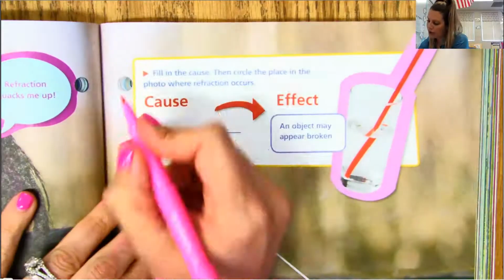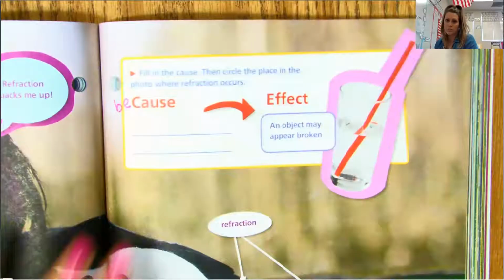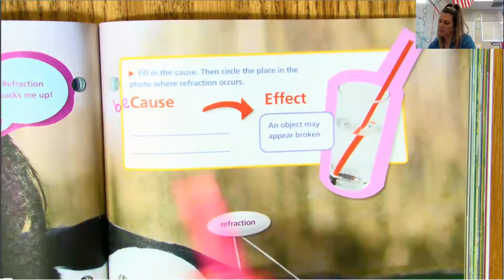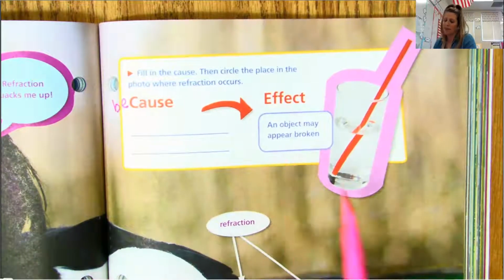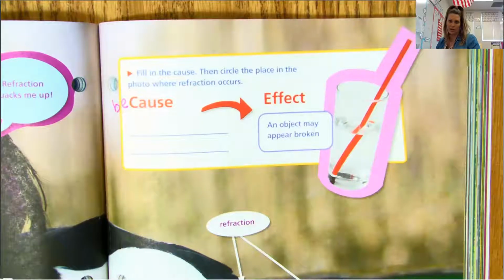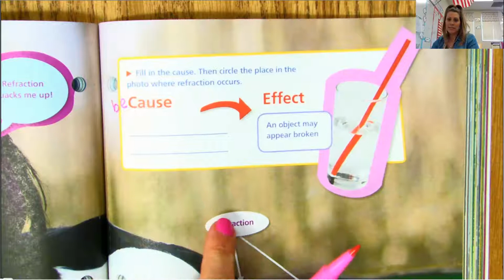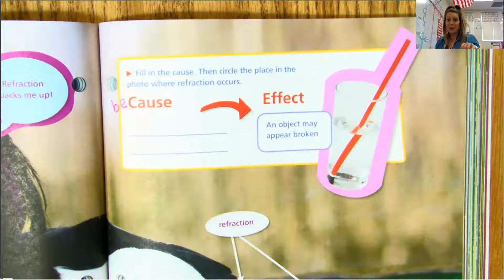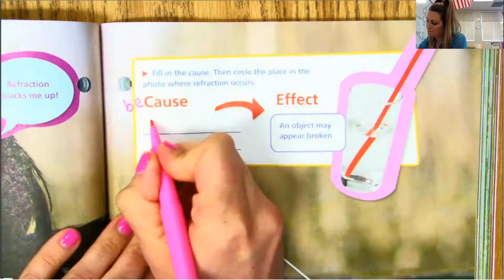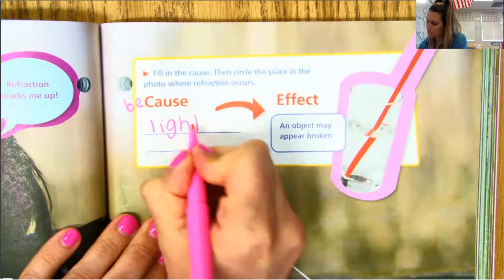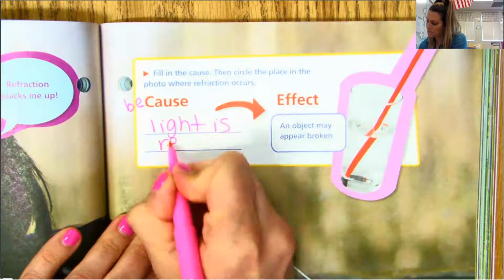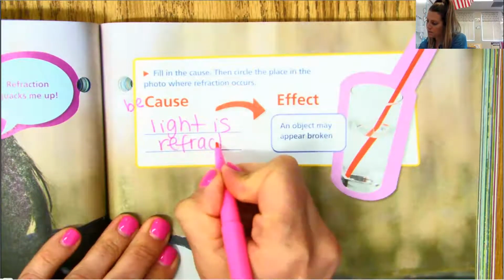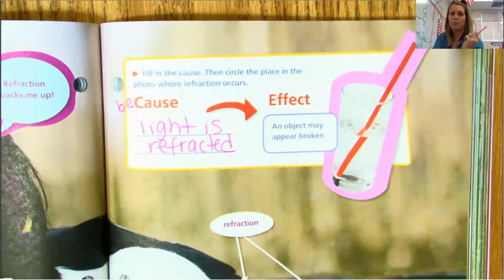So we have to find the cause. Because something, an object may appear broken. Well, because of what? Because light is refracted, right? An object may appear broken.